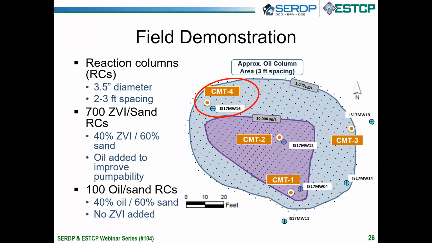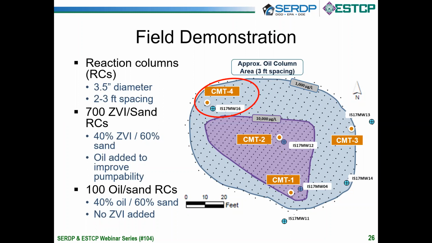And those columns are represented by these small dots that you're seeing. We had closer spacing within the 10 milligram per liter contour, about 2-foot spacing. And then as we moved away towards the limits of the 1 milligram per liter contour, we extended the spacing to about 3 feet. But by and large, with this type of equipment, it was anywhere from 2 to 3 feet, depending on where we were located within the treatment zone.